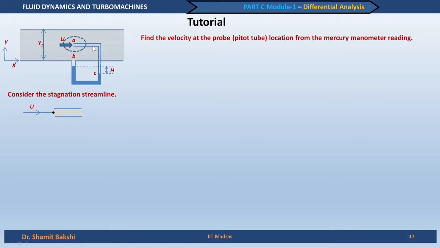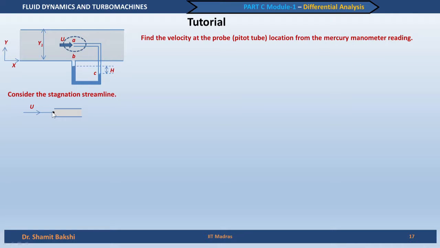It just produces a stagnant layer, a stagnant medium, inside the entire tube. Because the flow stagnates at the tip, it increases the pressure within the fluid inside the tube. As a result, this high pressure will push the mercury level down.